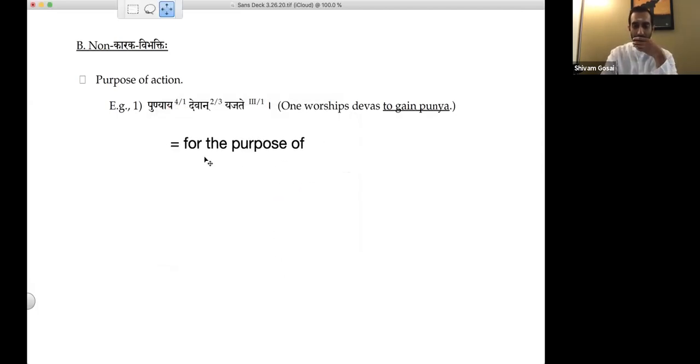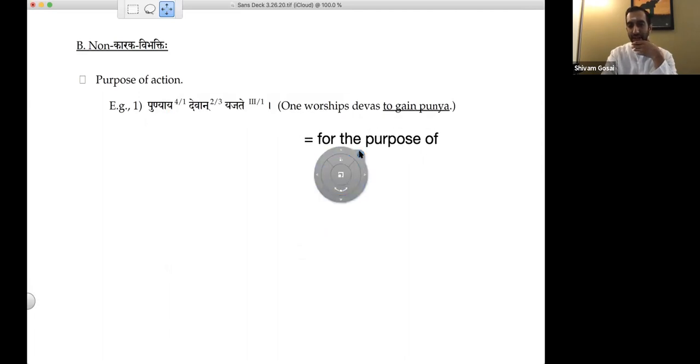So we can write one worships devas for the purpose of punya. So we can do that there as well. We'll see an example of that in a little bit. I'll pull up my camera and we can do one together there.